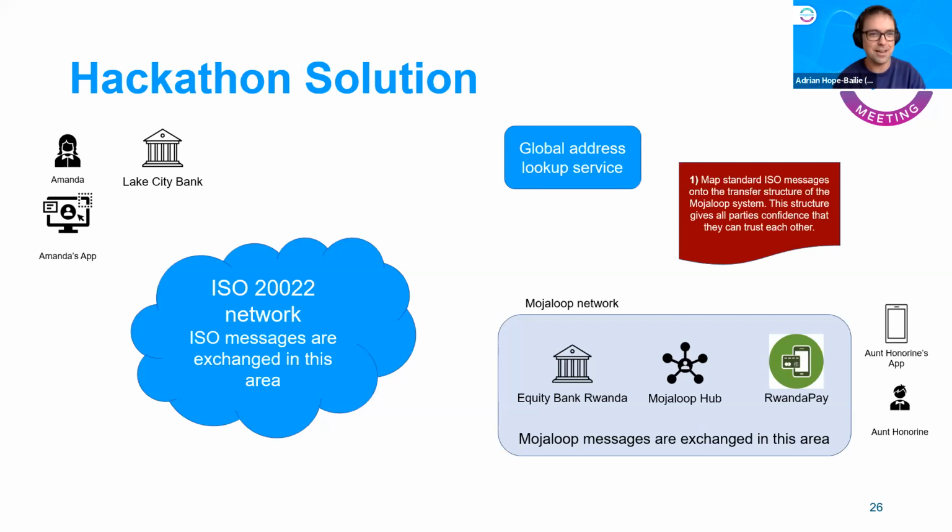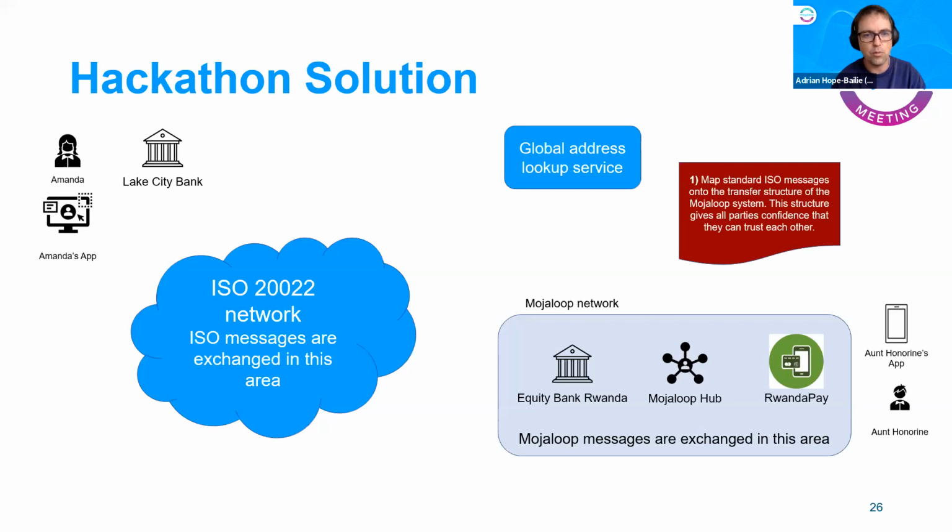So this is the use case that we demonstrated. As you can see, top left, you have Amanda, who is a Lake City Bank customer, and she wants to send money to her aunt Honorine in Rwanda, who has a Rwanda Pay account or wallet.